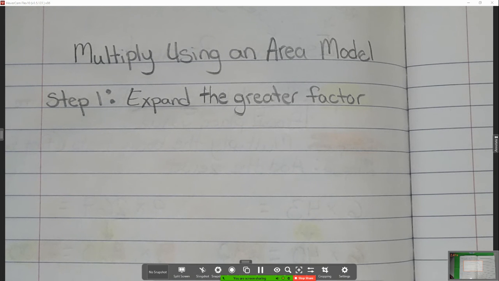And I have a lot of friends that I can't see in the video right now, so I hope you guys are writing these notes down, because I'm going to keep going. Okay, so step 1 is we need to expand the greater factor.